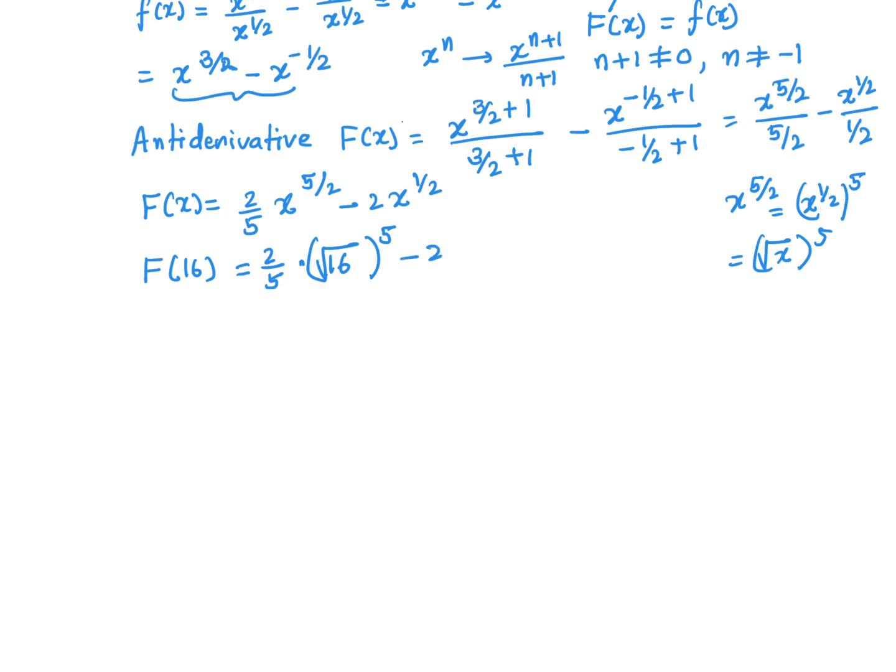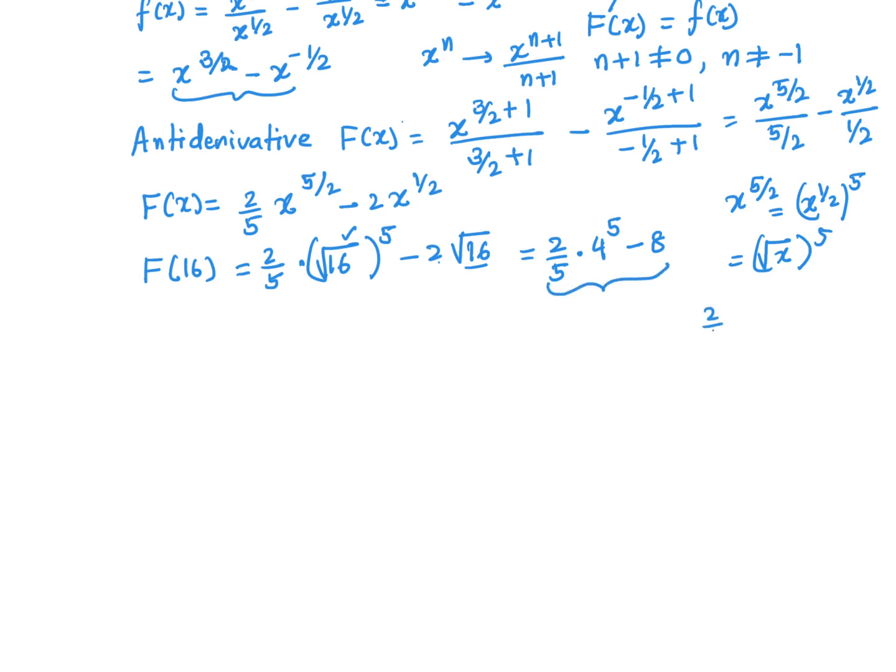Minus 2 times x to the power 1/2, which is, by the way, √x, which is √16. And that is going to give me 2/5 times √16, which is 4, so that's 4 to the power 5, minus 2 times √16, which is 4, which is 8. Let me go ahead and simplify this on the side quickly.